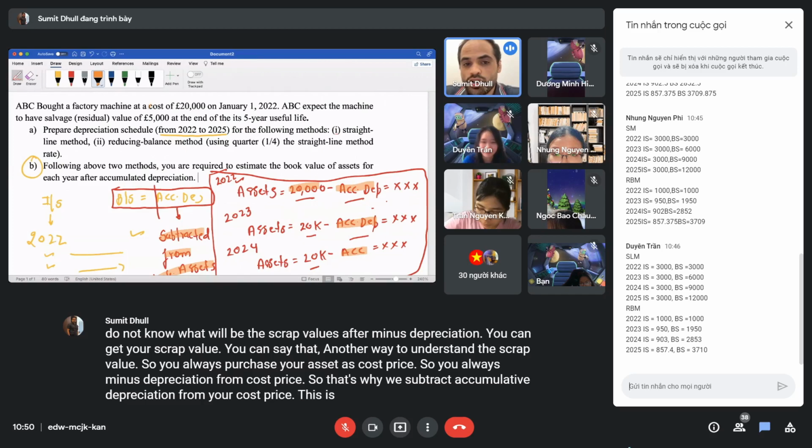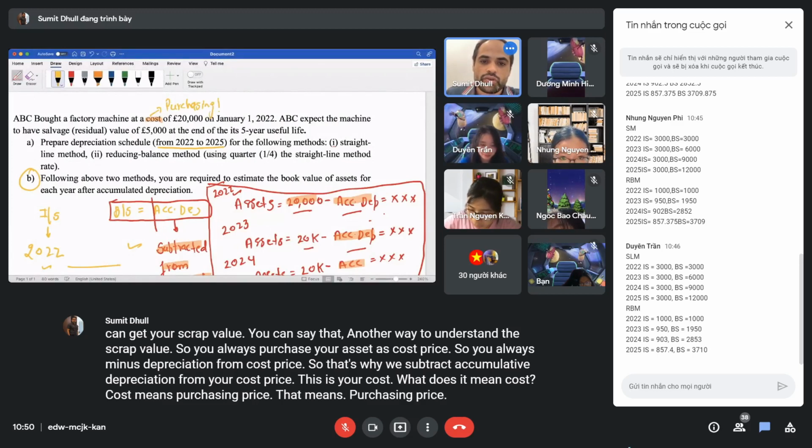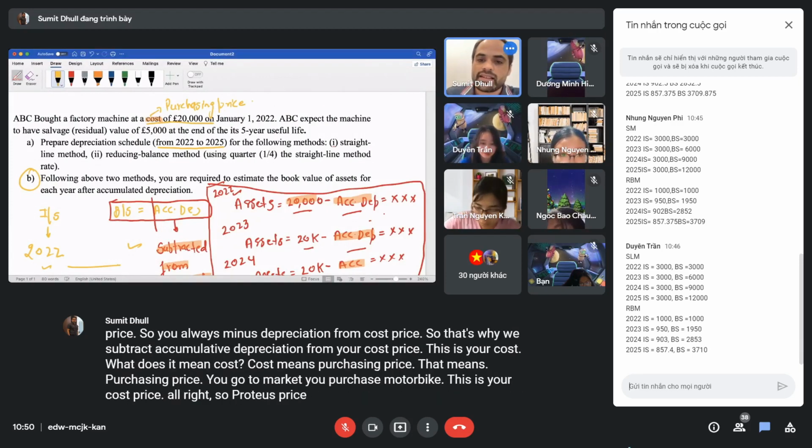What does cost mean? Cost means purchasing price. You go to market, you purchase a motorbike, this is your cost price. So purchase price minus depreciation is the scrap value.